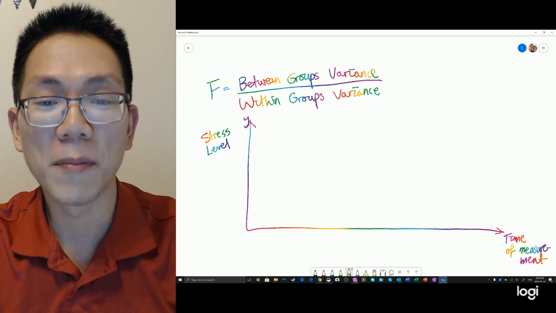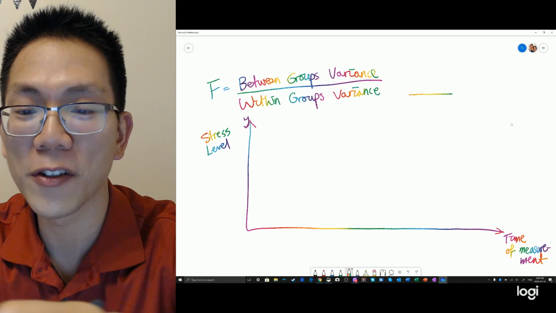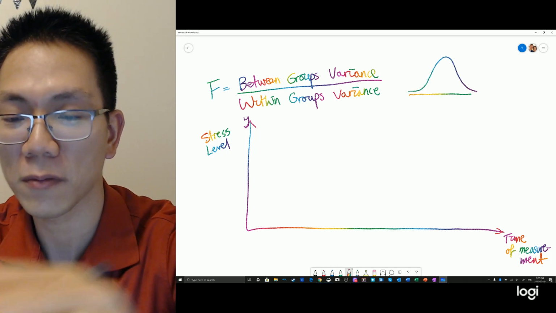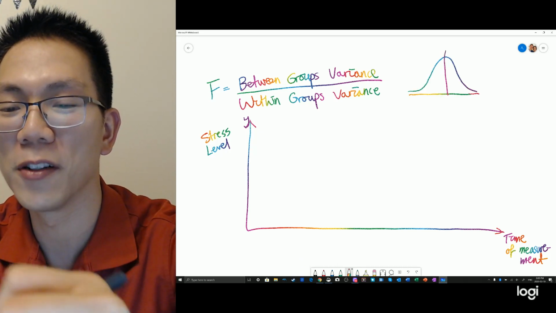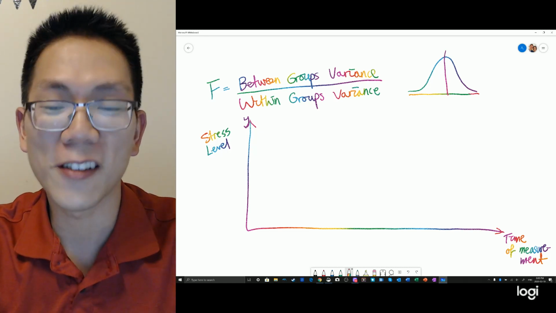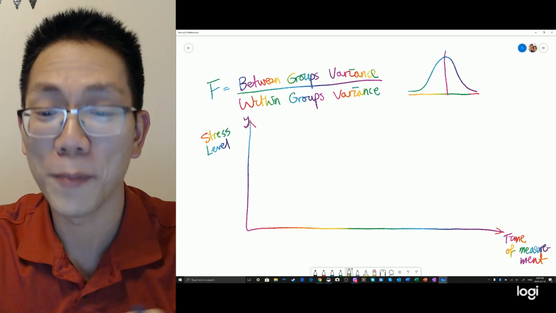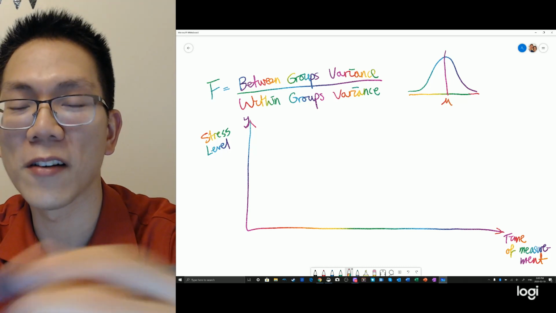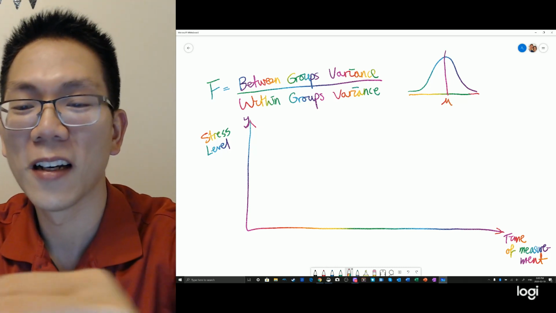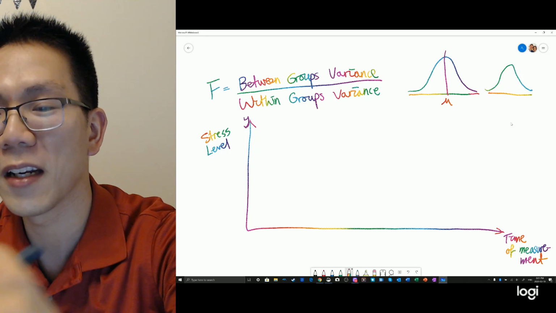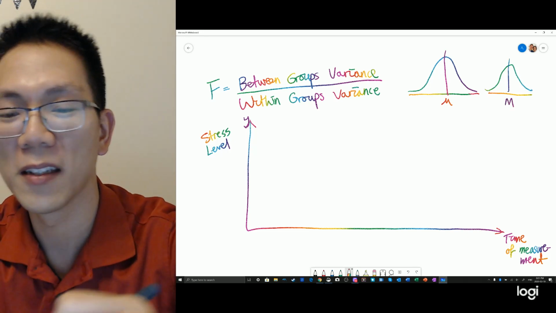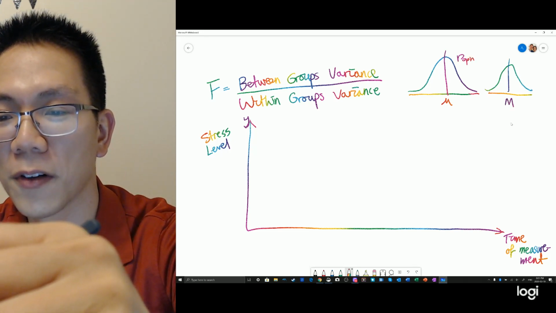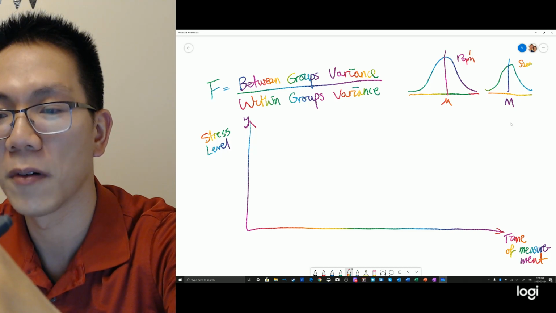Remember, we had distributions like this before, these normal distributions for each sample and population too. Each one has its own mean and its own distribution. It can be a sample mean or population mean. So this one's the population, for example, and this one's the sample.